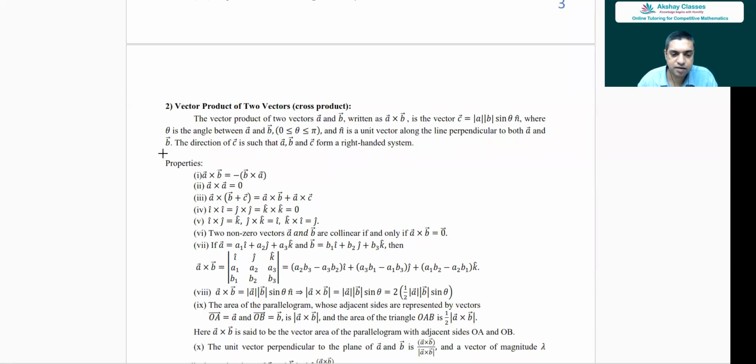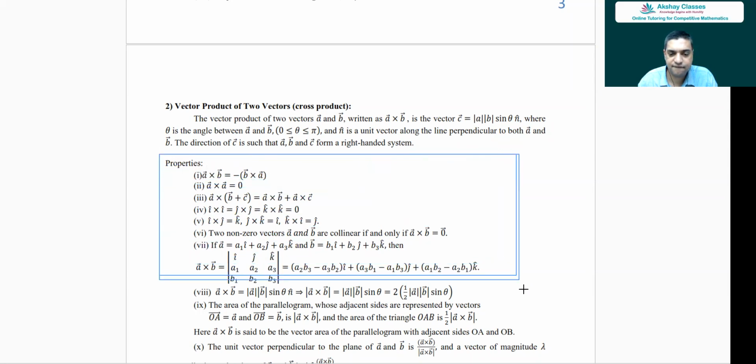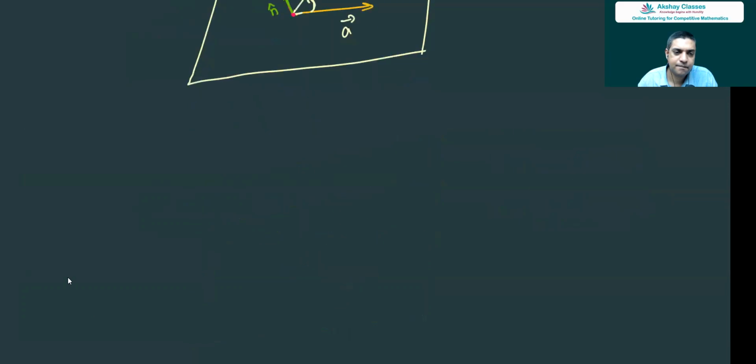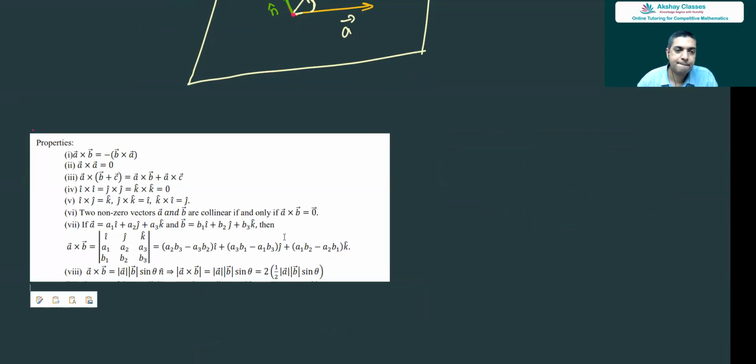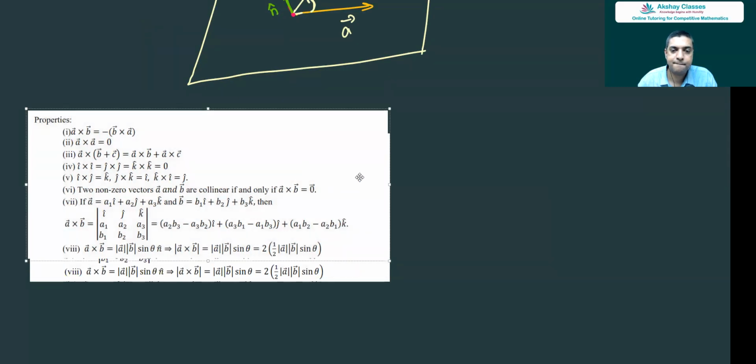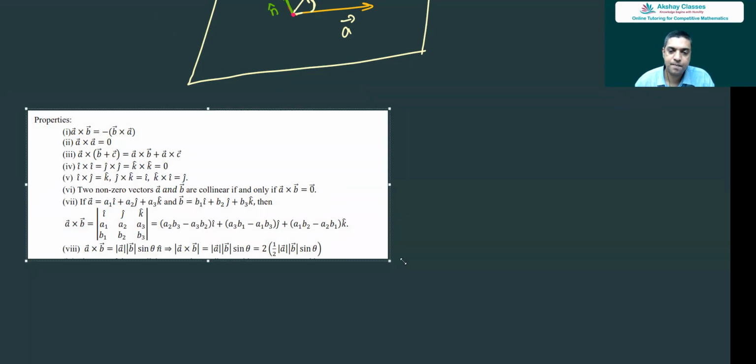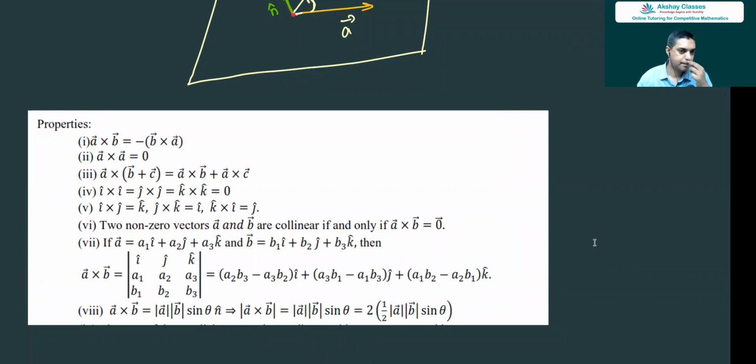The properties of cross product. A cross B is equal to minus B cross A. They are not commutative. The cross product is not commutative.